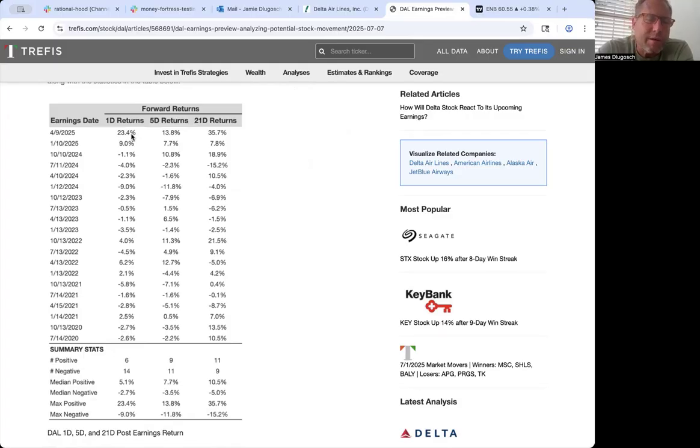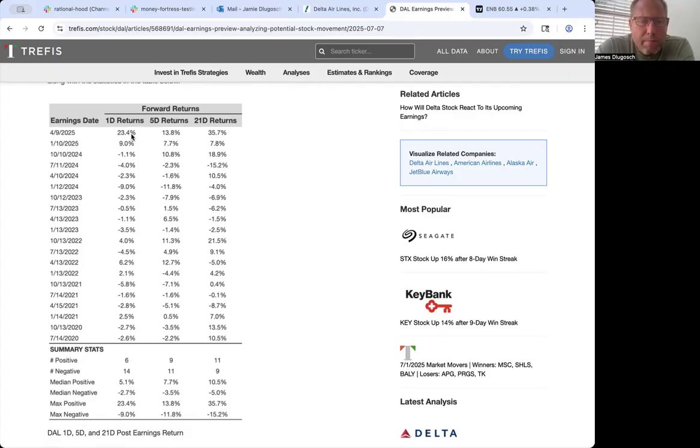Meaning, to me, it's a data point that you can toss out. Now, 2 quarters ago in January, you did have a 9% move after earnings, so that's also interesting, although not necessarily out of the realm of what you would expect after Delta reports earnings.